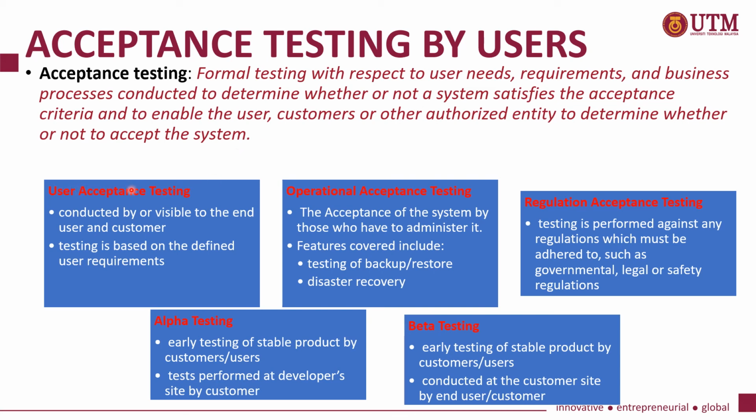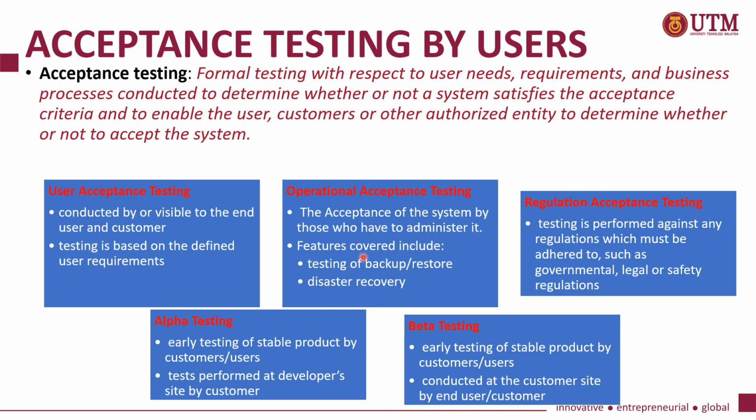When we say user acceptance testing, it is related to the test conducted by the end user, and the testing will usually be based on the defined user requirements. The operational acceptance testing is another type of acceptance testing in which the acceptance of the system will be done by those who administer the system.